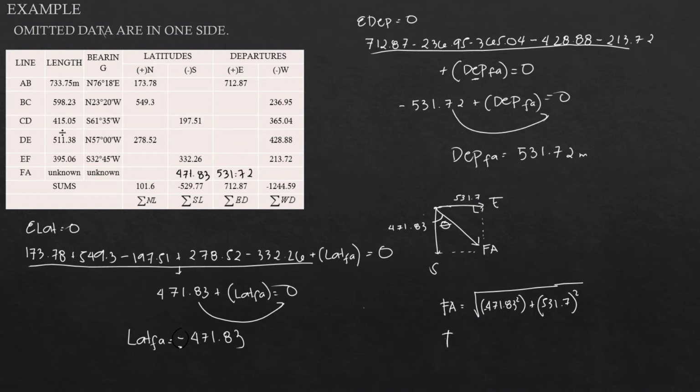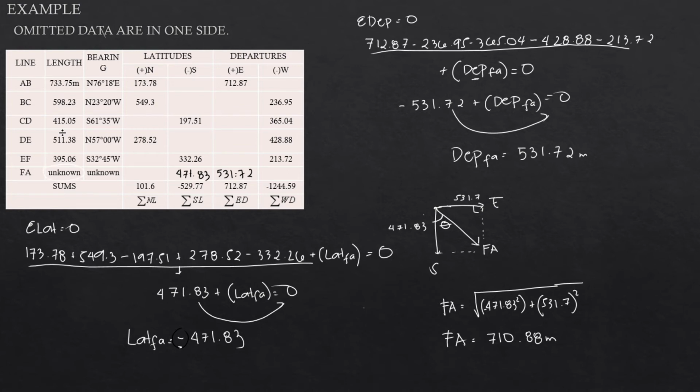FA natin ngayon is equal to length ng FA natin, compute. So, meron tayong 710.88 meters. Length of line ng FA. So, nakuha na natin to.